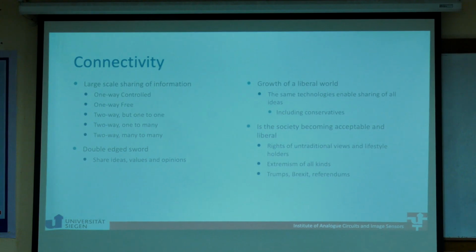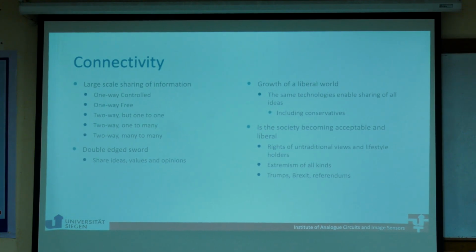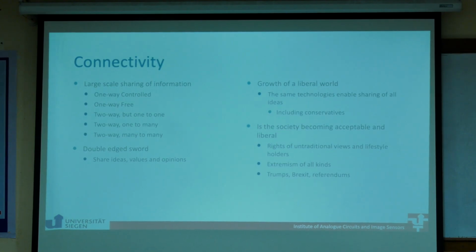Rather, we have extremism of all kinds propping up in every corner. And the extremism is also far-reaching. Earlier, when we had extremism in one part of Europe or one part of the world, it was very localized. Now extremism can very easily diversify to many other parts of the world.